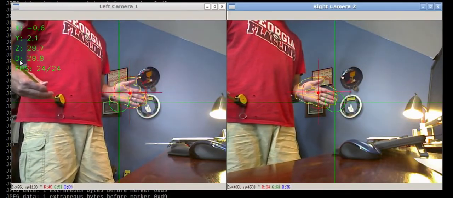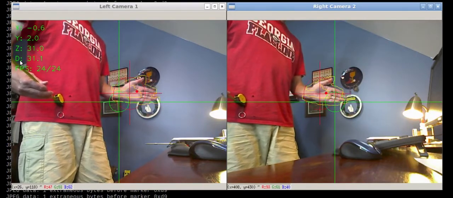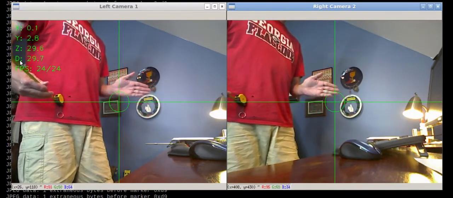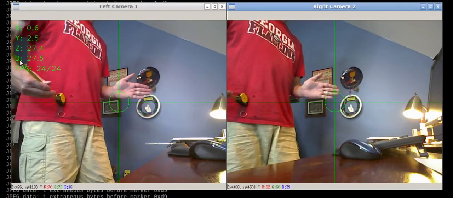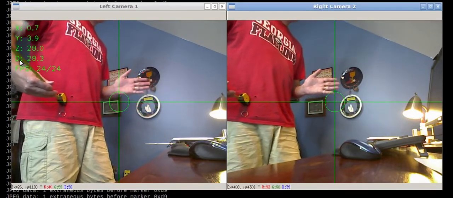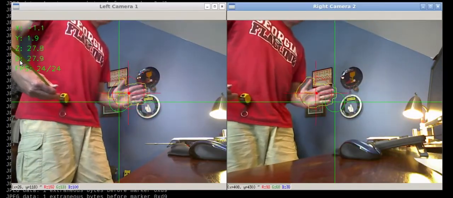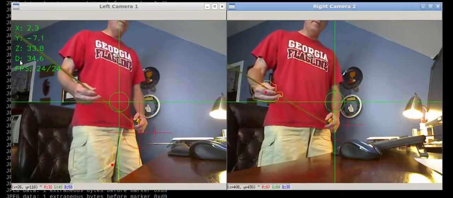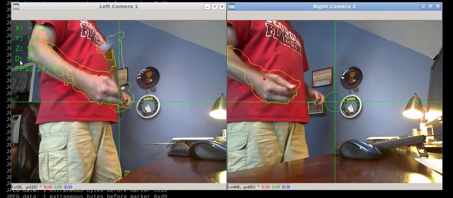We're getting 30, 28, 29, you know, so let me get a good solid movement here. Yeah, so it's about right. It's pretty close. Even though our cameras are a little off and we didn't do all the fancy camera calibration and taking out all the distortion that you find in the camera, we're still getting that.